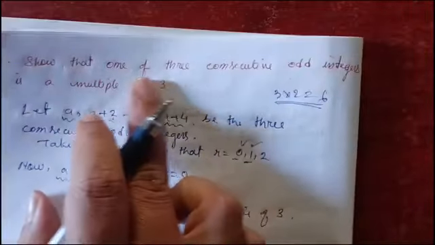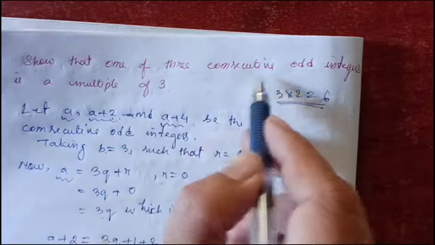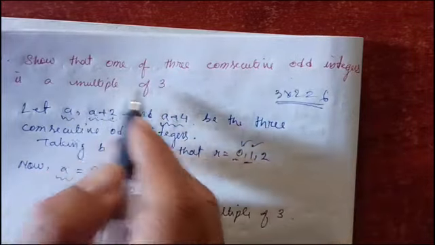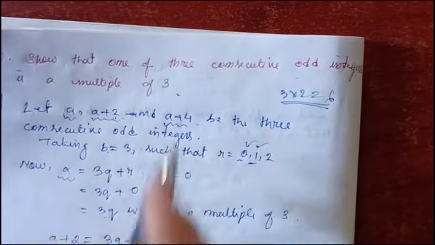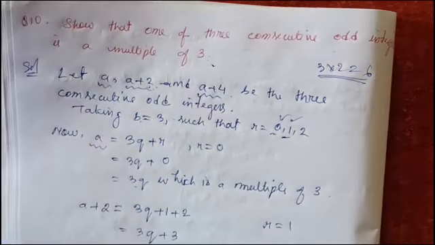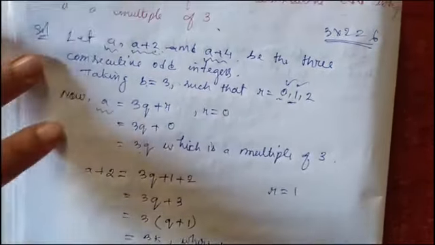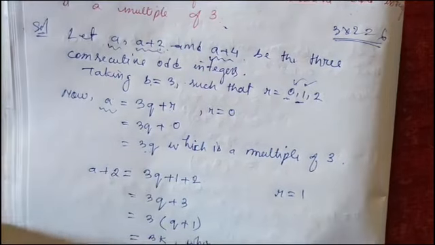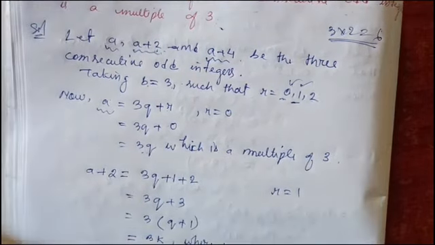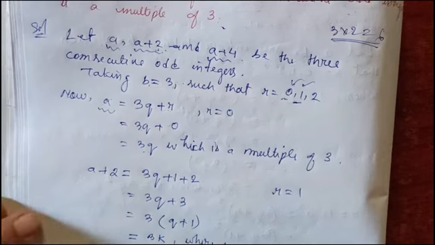Okay, so the conclusion you can just copy from the question only. Hence, one of 3 consecutive odd integers is a multiple of 3. All right, this question is a bit different, so it is very difficult also, so it is important for the exam. Okay, let us go to the next question.